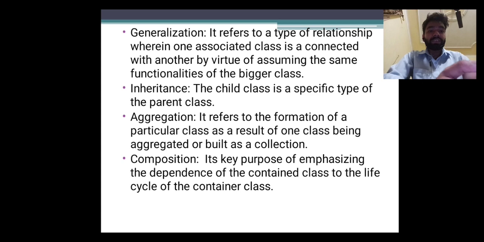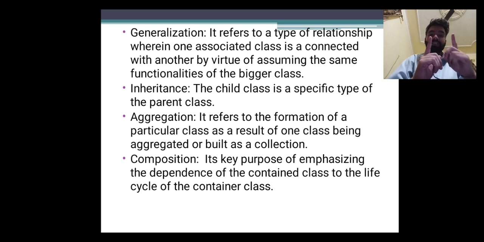Composition has the key purpose of emphasizing the dependence of the contained class on the life cycle of the container class. For example, in composition we have two classes: first is the parent class, second is the child class. When the parent class is removed, the child class is also removed. So this is the composition concept.